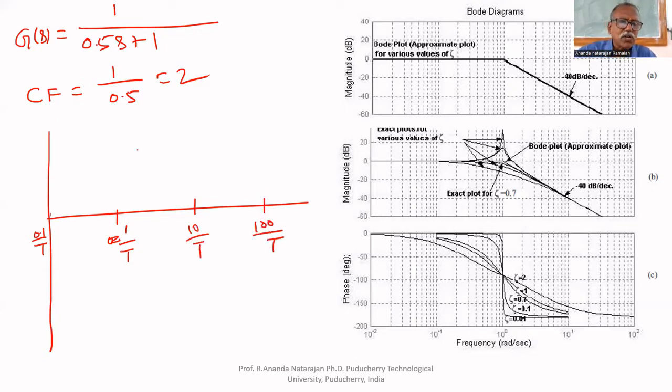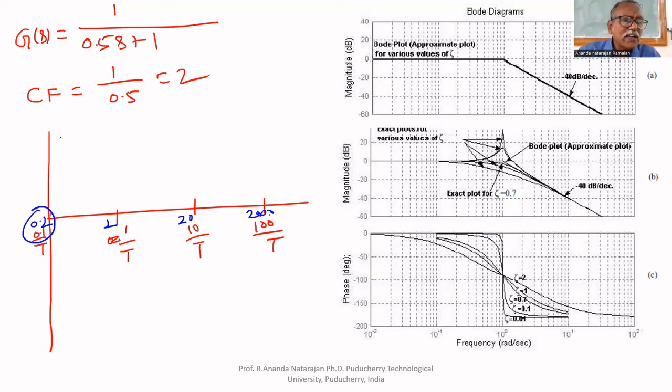Now 1 by tau equal to 2, so this point is 2 radians. This is 20 radians, this is 200 radians per second, and this is 0.2. Like that we can mark it, because in the graph sheet one division is 1 decade. So if you mark this as 0.2, this becomes 2.